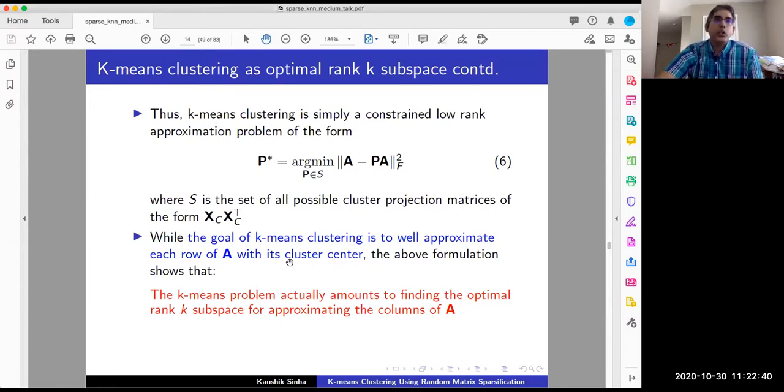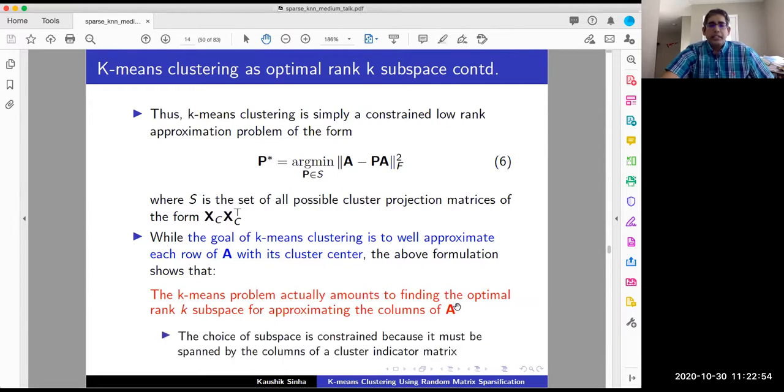That is the standard notion of K-means clustering. But this new formulation shows that the K-means problem amounts to finding the optimal rank K subspace for approximating the columns of the data matrix A. The choice of subspace is constrained because it must be spanned by the columns of the cluster indicator matrix, so that once we have a solution, we get back a valid clustering.